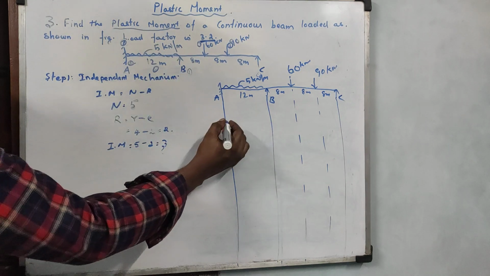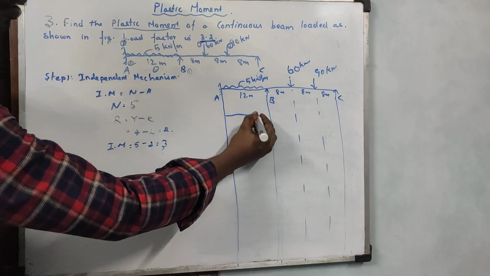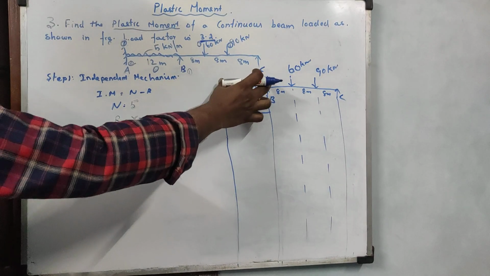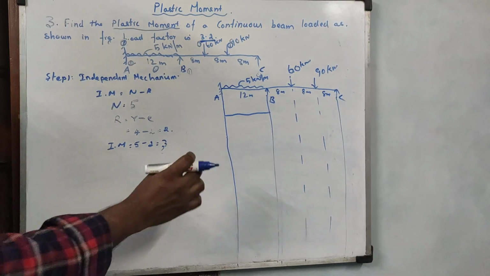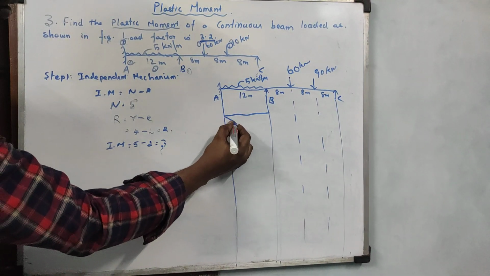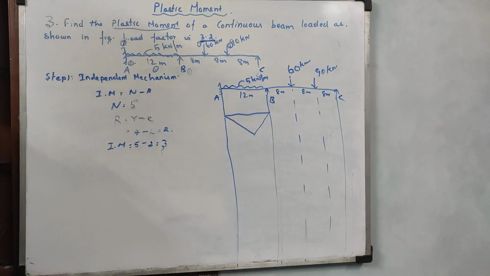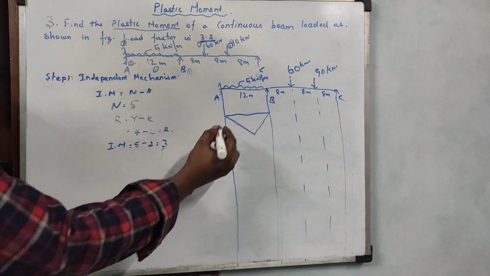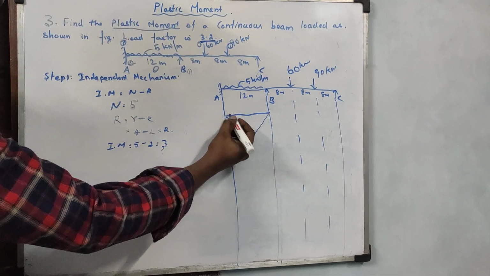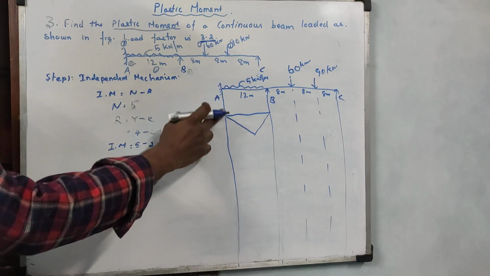One at AB. Just draw the deformation diagram due to this load. So now we know that it is a fixed support, right?